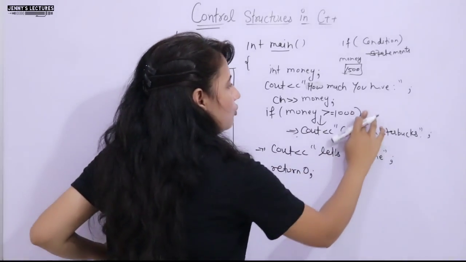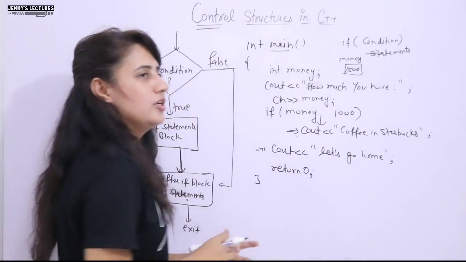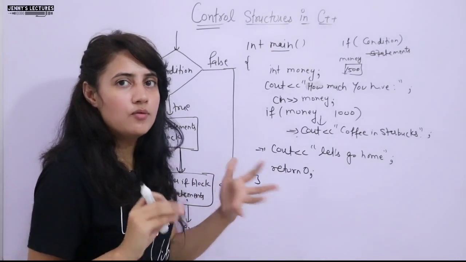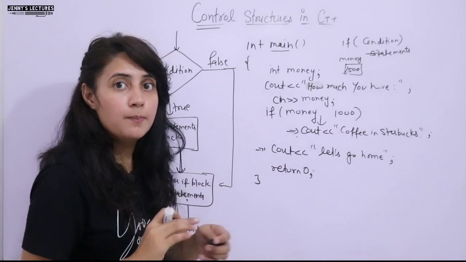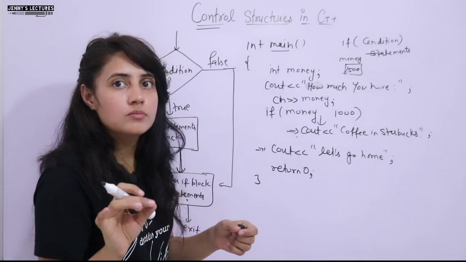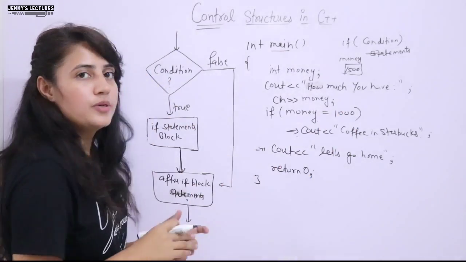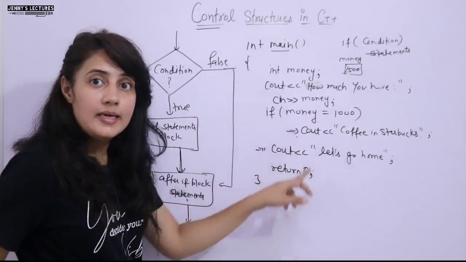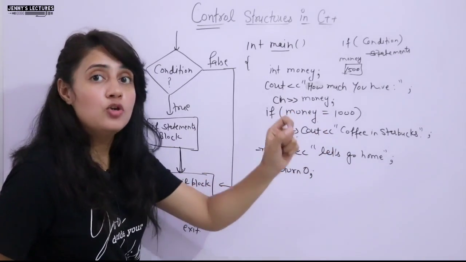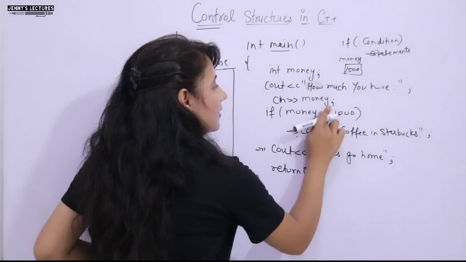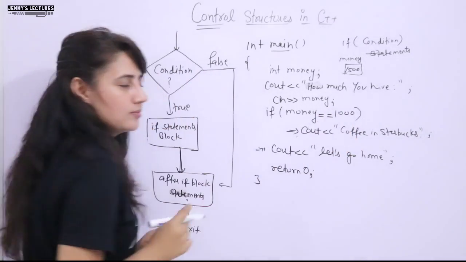If I want to check the equality condition, if money is equal to 1000, then only we will have coffee in Starbucks. So sometimes maybe you write money equal to 1000 rupees. No. In programming language, this is the assignment operator. If you want to check the equality, the equality operator is double equal to.